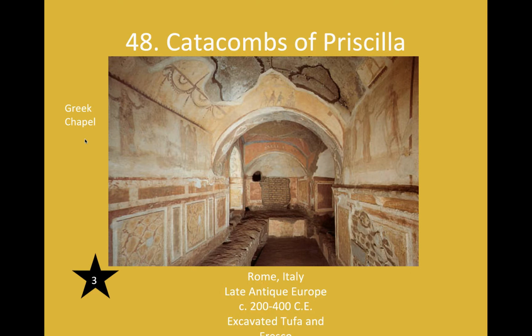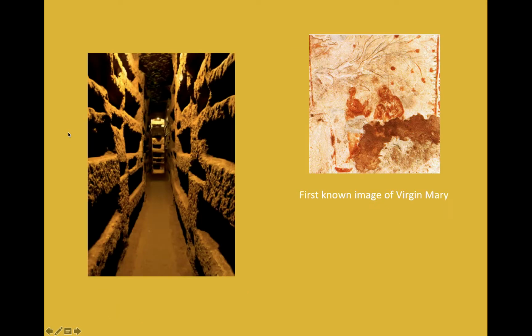And by the time it was done, there were 5 miles of catacomb tunnels. Lots of these narrow passageways that are sort of almost like a labyrinth, like they weave and they go back and forth. And there are all of these bodies on shelves. It is believed that there are over 400,000 people whose bodies were put down here in the catacombs of Priscilla.